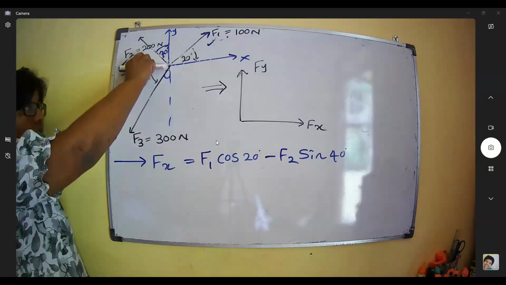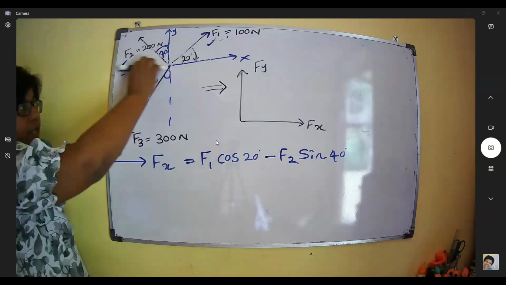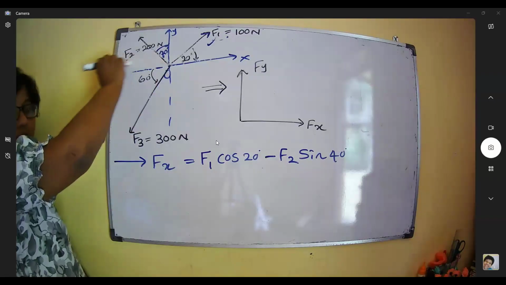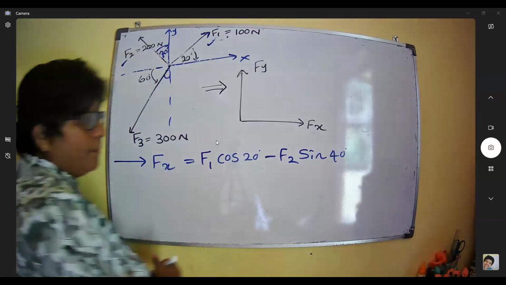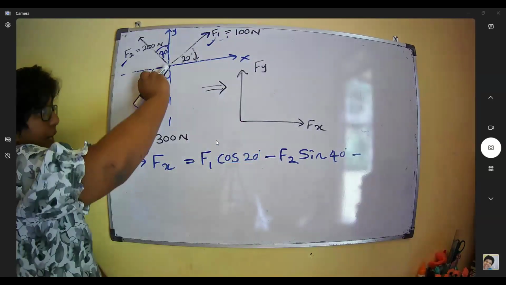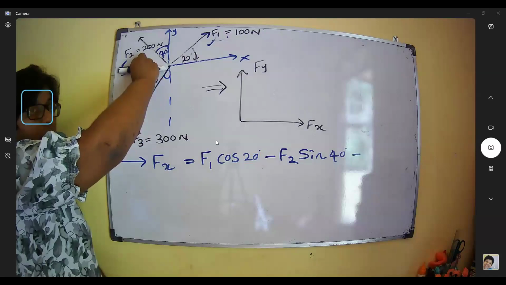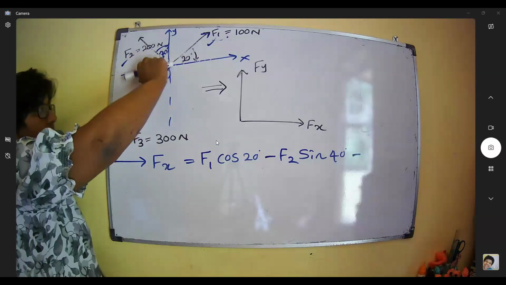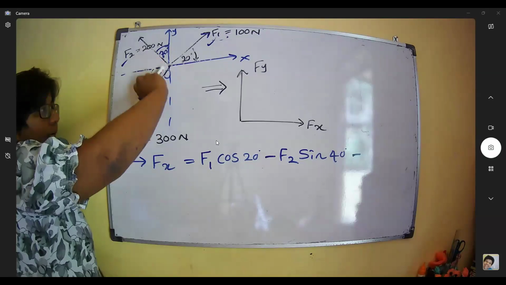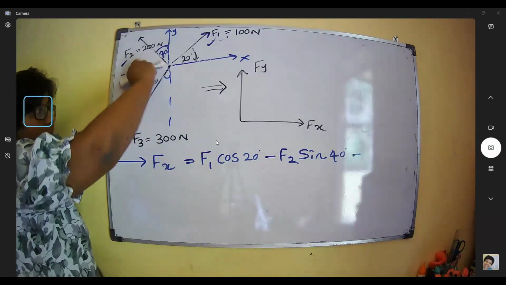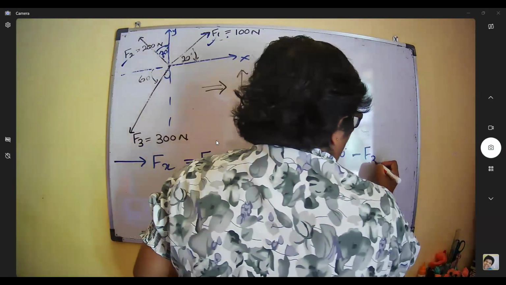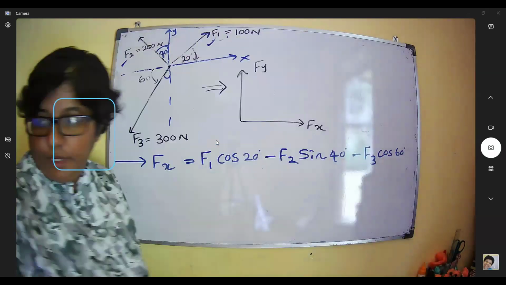Along the x-axis it is situated in the negative direction, same as F2, so the minus sign comes. When taking the x component, F3 is shifted by the angle 60, so we write F3 cos 60.